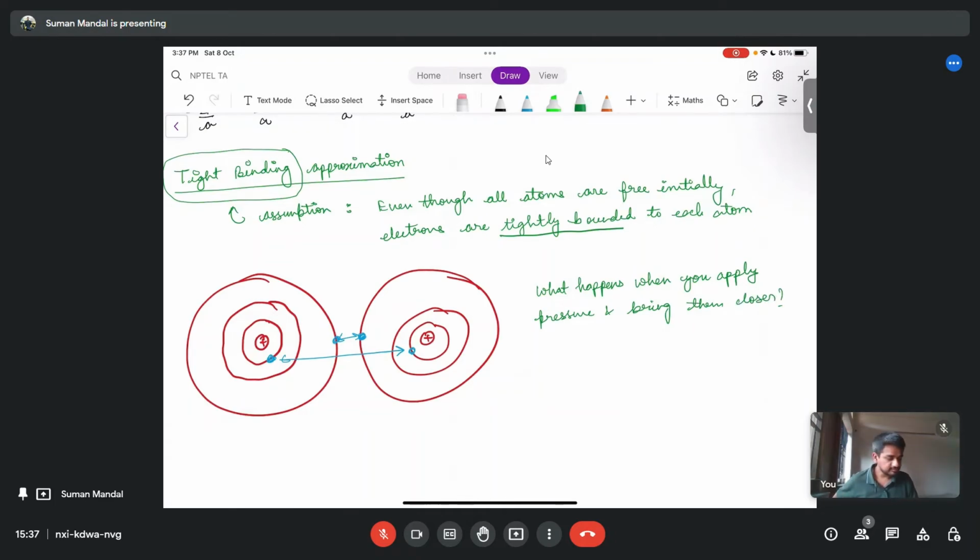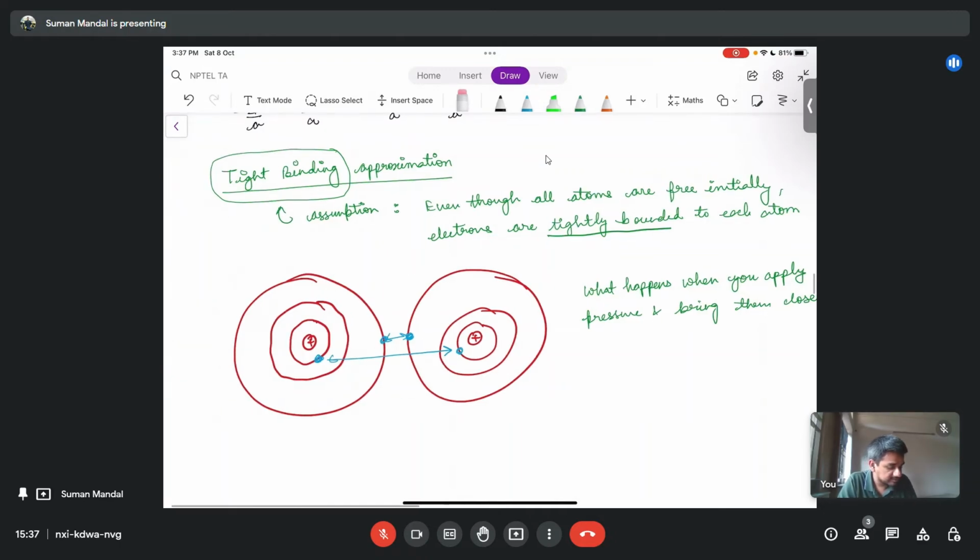What will happen? Because these two atoms are identical, let's say they have the same quantum numbers, so they have basically the same quantum state. And if these two are coming together, they cannot be in the same quantum state anymore. The quantum numbers have to change, because of Pauli's exclusion principle.